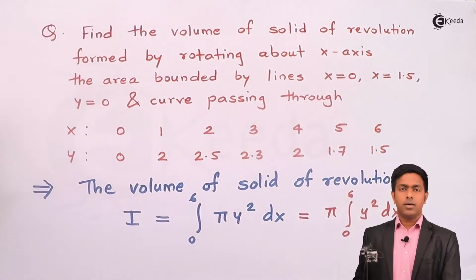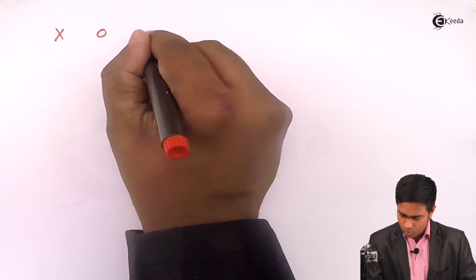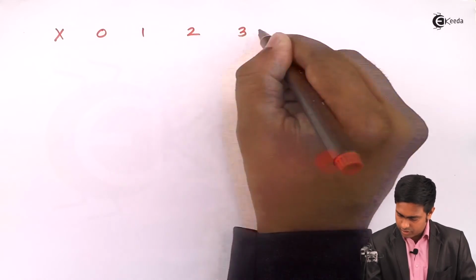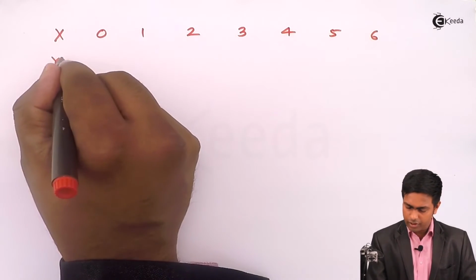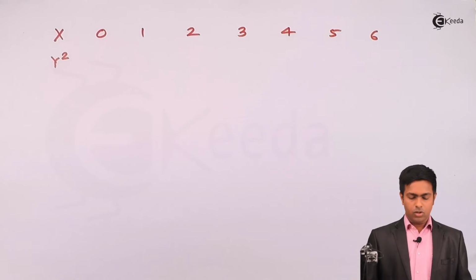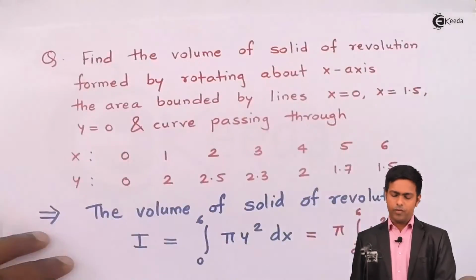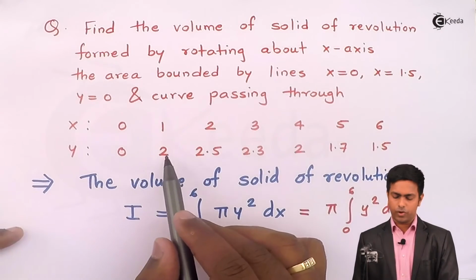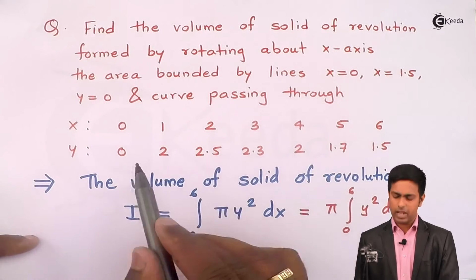So I'll find the y square and again make the table. x is 0, 1, 2, 3, 4, 5 and 6. Let's find the value of y square. Here 0 as it is. Now the value of y is 2, so the square of this is 4. Then the value 2.5 gives 6.25, and so on.